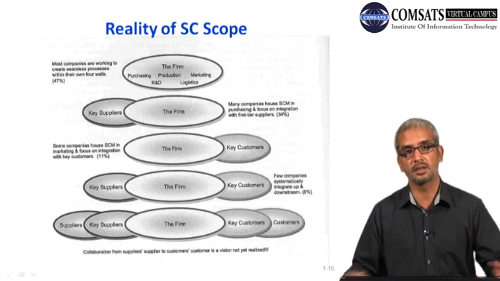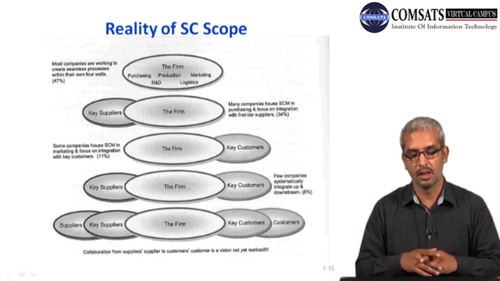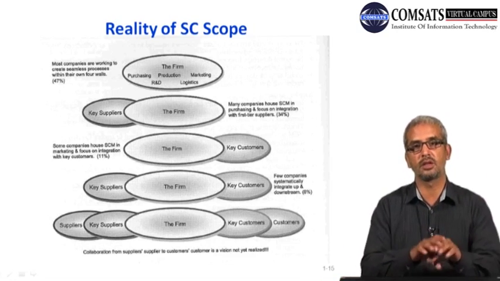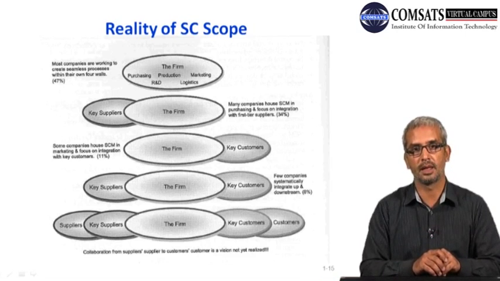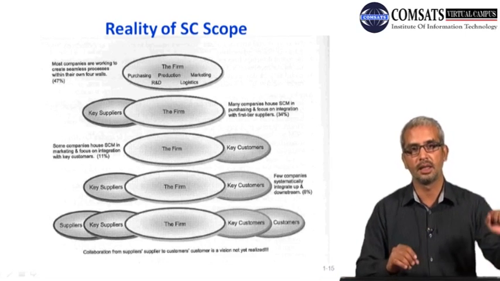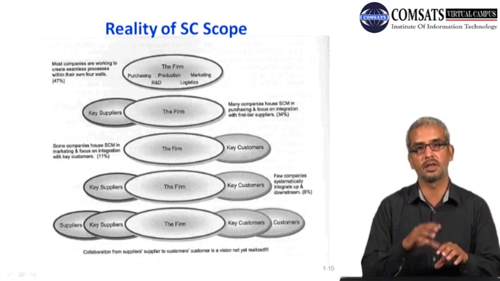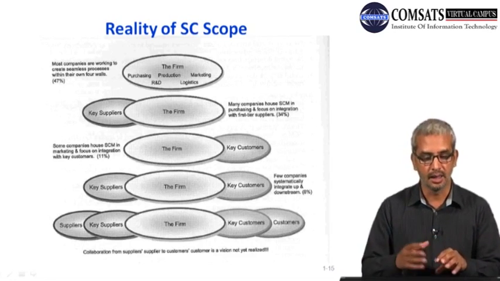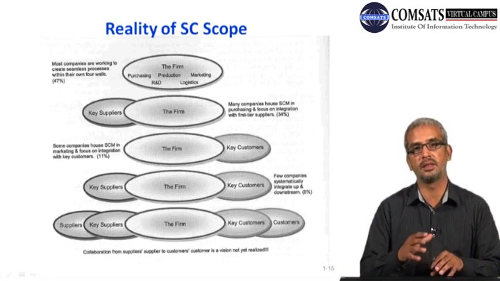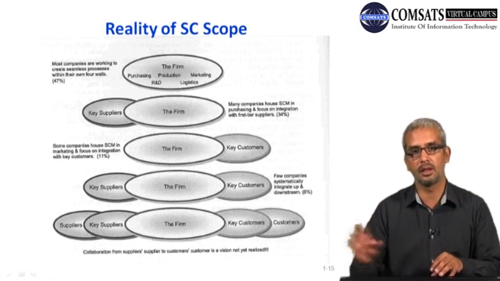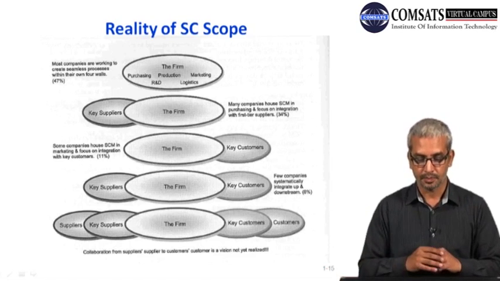So 47% are focusing within their own walls, 34% are focusing on the firm's relationship with its suppliers, the first tier supplier, and 11% are focusing on integrating their marketing activities with their customers.